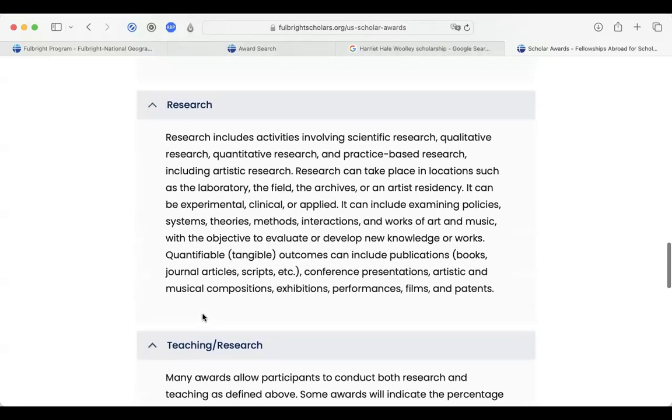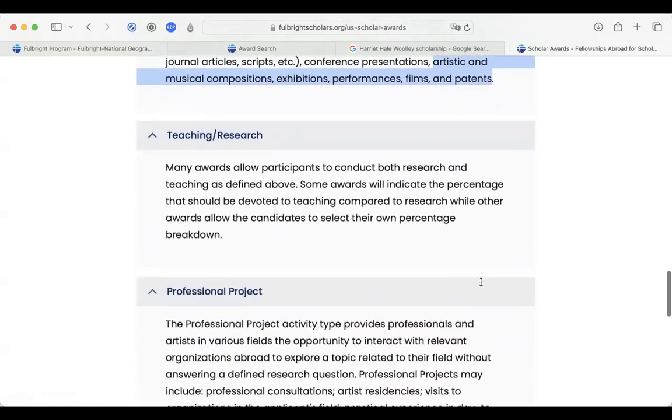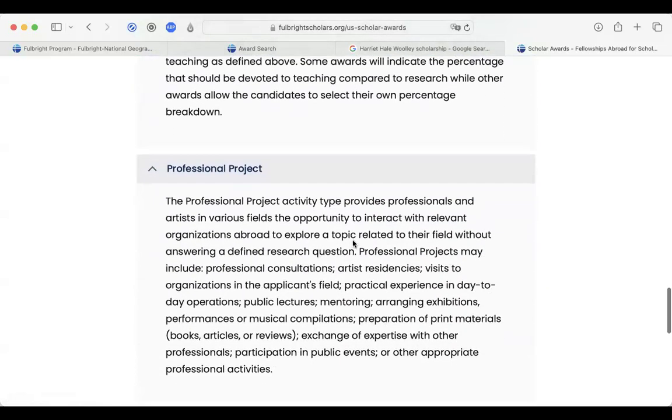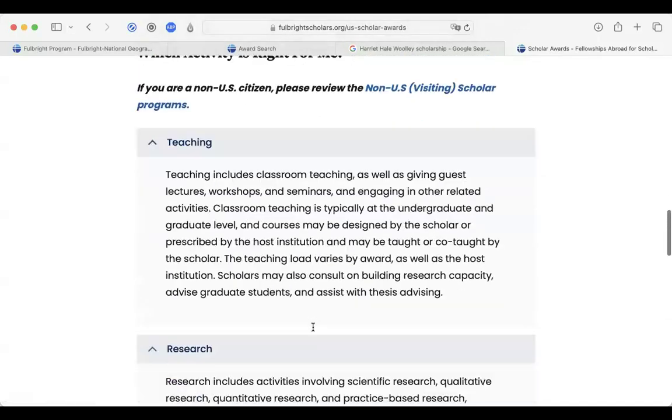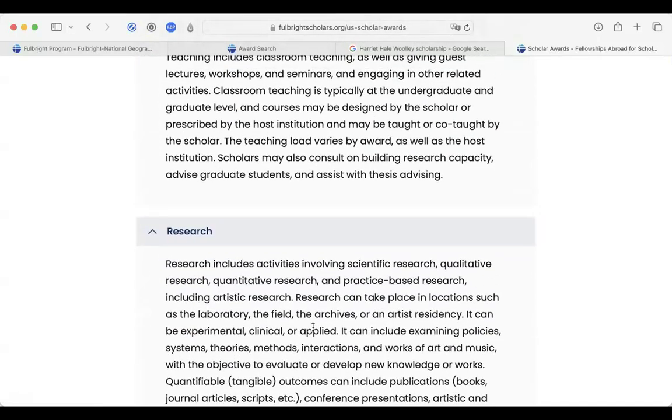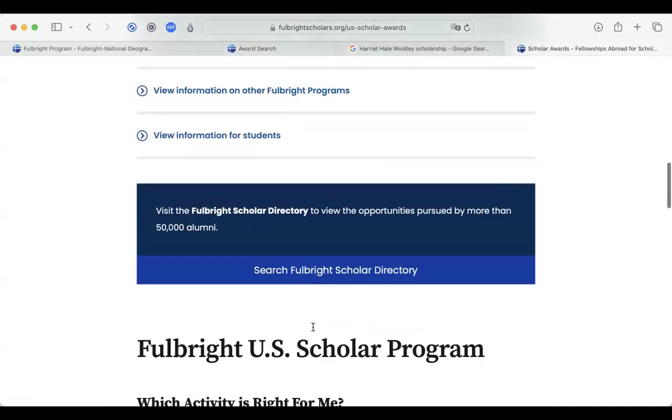There are some specific ones, but you'll see that the definition of research includes artistic research, and that can include things like musical compositions, other artistic compositions like paintings or sculpture, perhaps, films. And then if we look at professional project, we have other things like artist residencies, performances of your works, presentations of your works. So this is actually rather broad in what you can do, and some of these are umbrellas that are wide, and some are umbrellas that are more narrow.